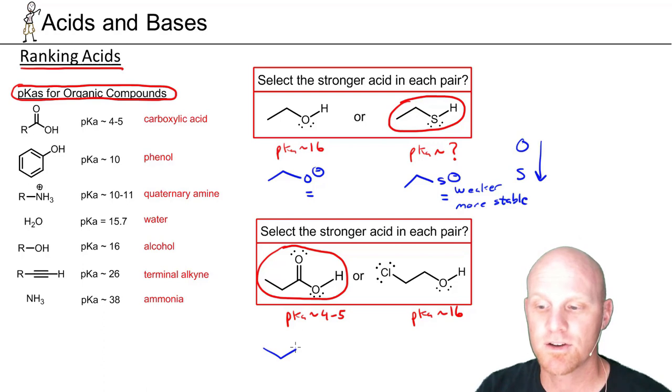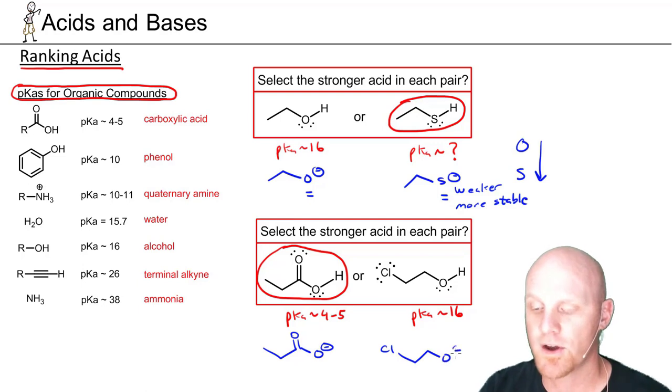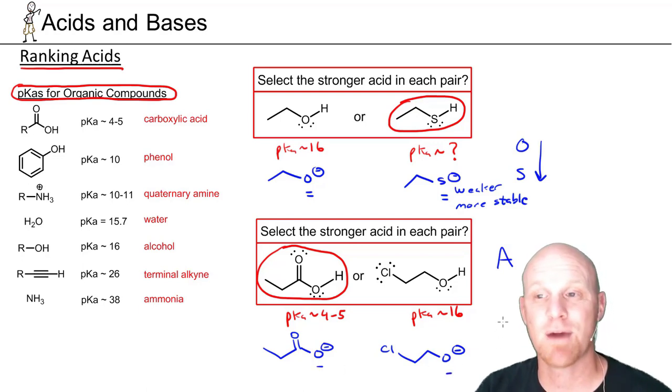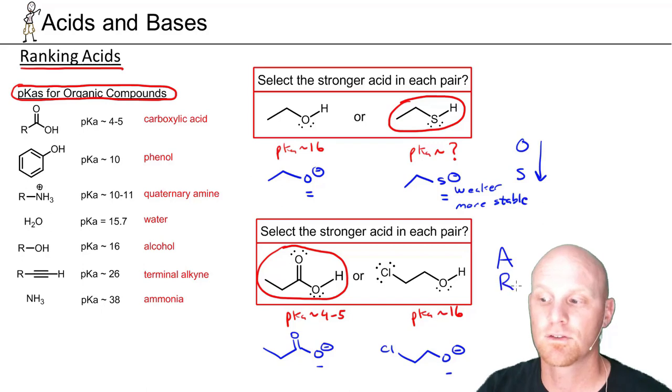We technically didn't need it here if we have memorized the pKa's I recommend you memorize, but let's go through it. If we draw the conjugate bases for these acids, you get a negative charge on an oxygen versus a negative charge on an oxygen. So going through the REO mnemonic, the A rule, atom rule, doesn't help us. It's negative charge on oxygen, negative charge on oxygen. It's the same atom acting as the base in either case. So then we move on to R in REO for resonance. The structure on the left is going to have two resonance structures. That negative charge is going to be shared on two oxygen atoms.